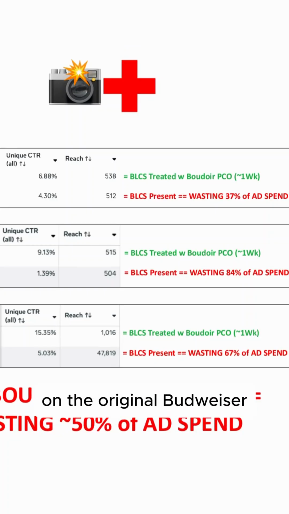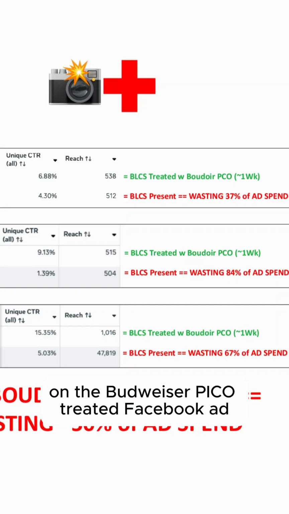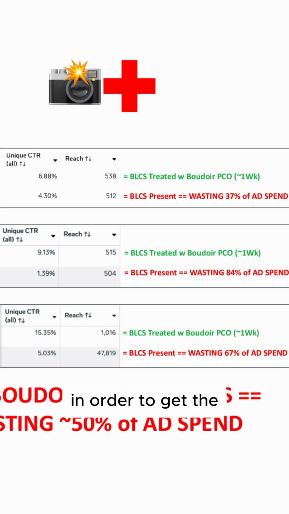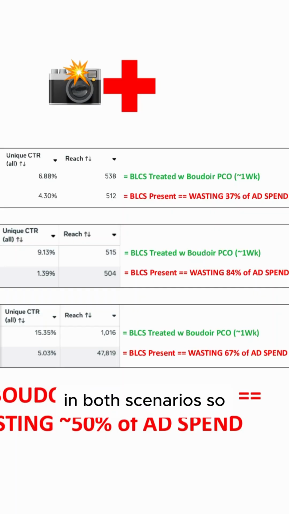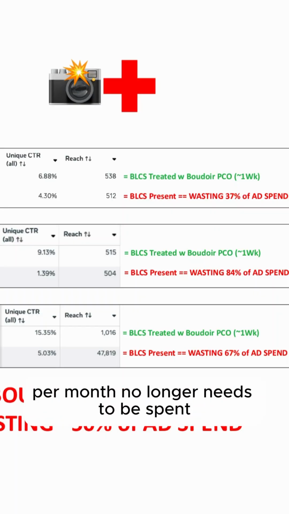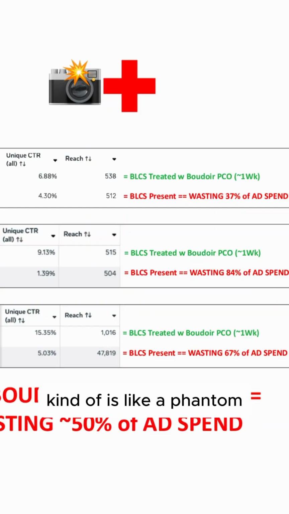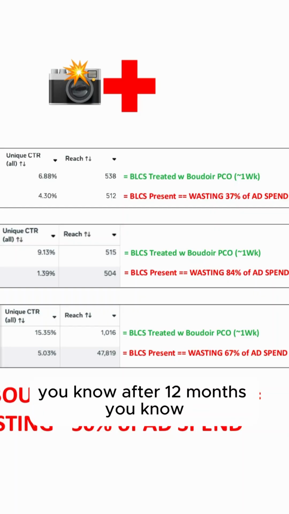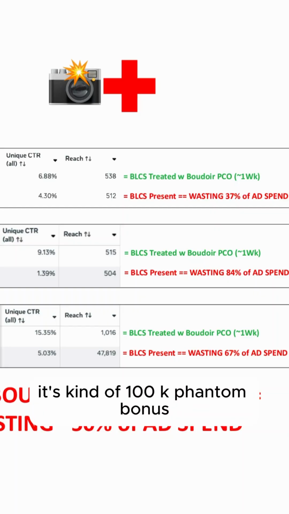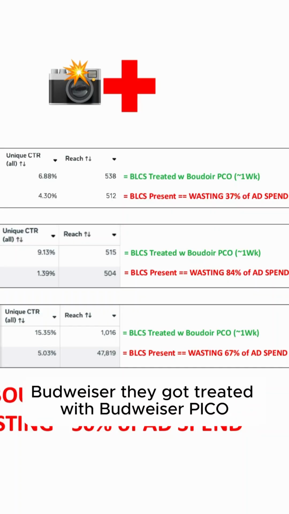If they're spending 10 grand a month on the original ad, now they only need to spend 1.6 grand a month on the Boudoir Pico treated Facebook ad to get their ad into the same number of women's brains in both scenarios. So 8,400 bucks per month no longer needs to be spent. They can just keep it in their pocket as a phantom bonus. After 12 months, it's a 100K phantom bonus by just getting their Boudoir Facebook ad treated with Boudoir Pico.